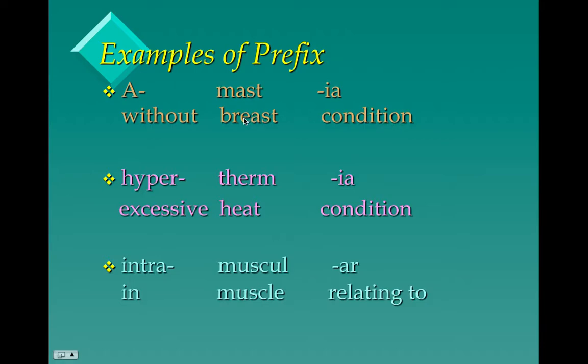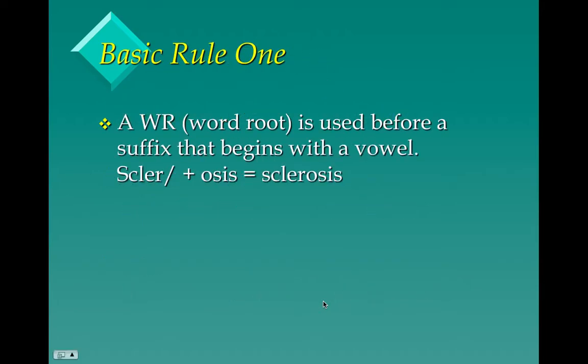If you left the a off, it would be breast condition, but the a turns it into the opposite. Hyperthermia, you've probably heard of that one: excessive heat condition. Okay. Intramuscular, so inside or relating to inside the muscle. Those are some examples of prefixes.